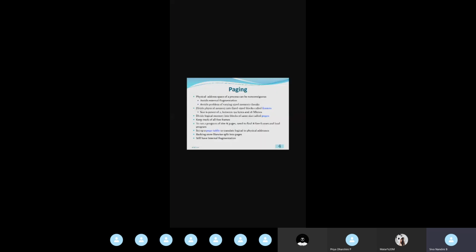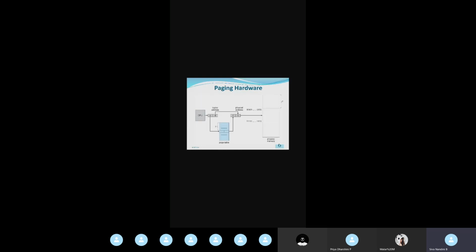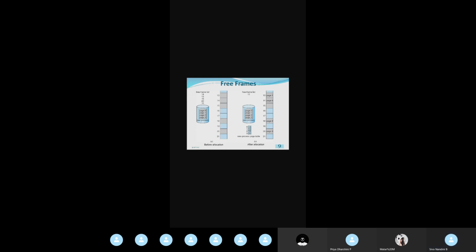Next, we saw about the paging concept. In paging, the logical memory is divided into pages and the physical memory is divided into frames. And here also we are having the page number. So we saw about the paging hardware architecture and how this page table, logical memory and physical memory will be there, the number of bits, how we can find the free frame list and how we can allocate the pages of a new process in the free frames.